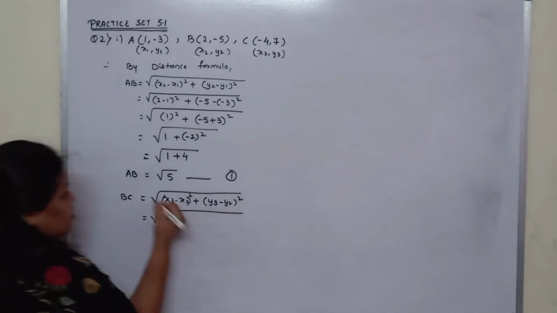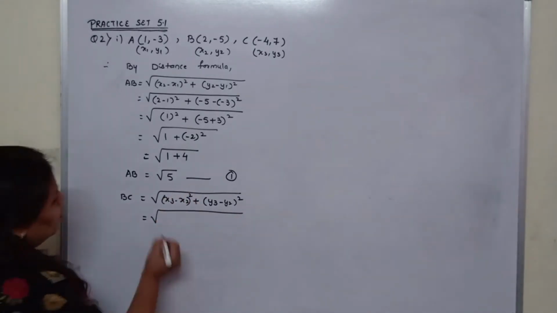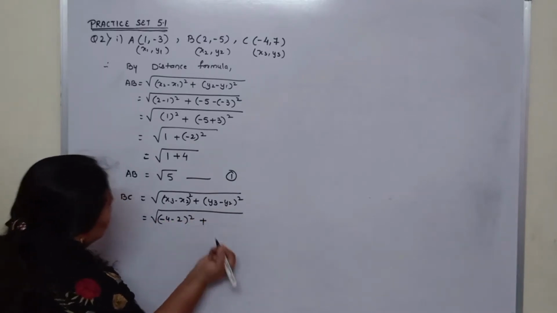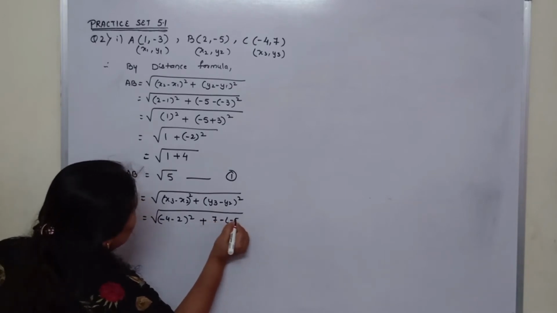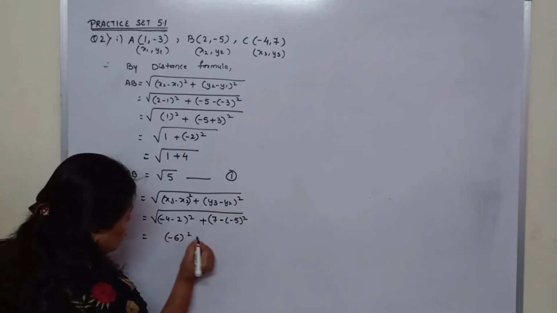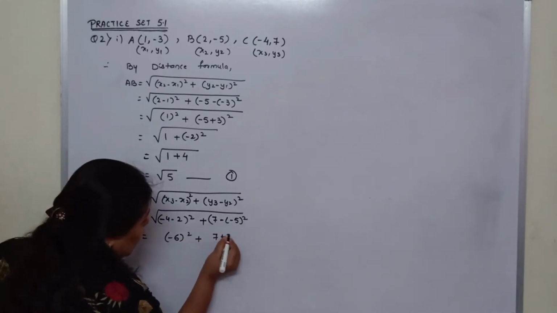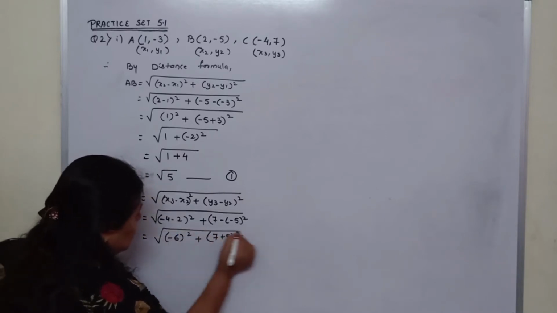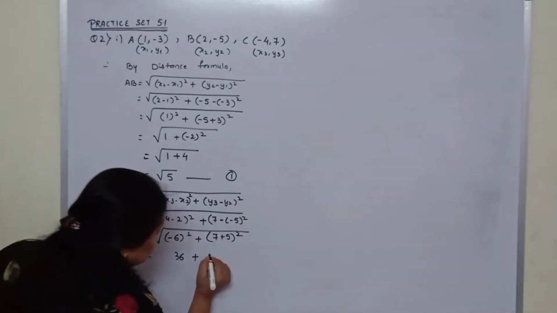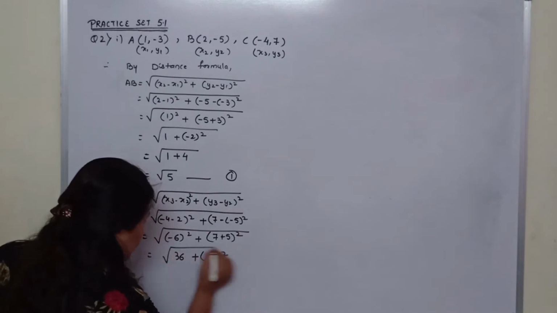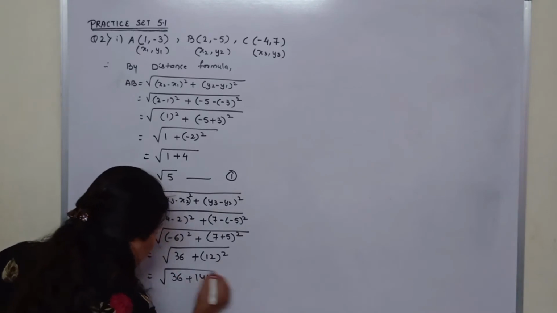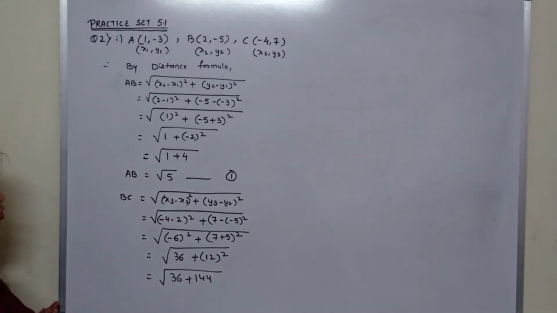So that is (-4 minus 2) the whole square plus (7 minus -5) the whole square, which is (-6) the whole square plus (7 plus 5) the whole square. 6 6s are 36. Minus into minus is plus. 7 plus 5 is 12 the whole square. So 36 plus square of 12, which is 144. 144 plus 36 equals what?